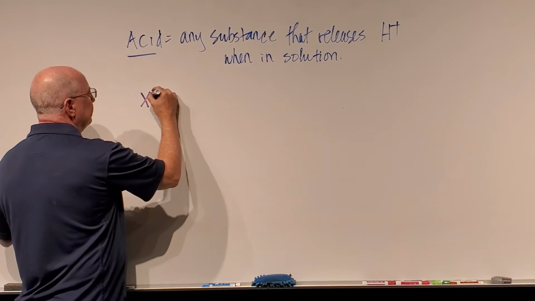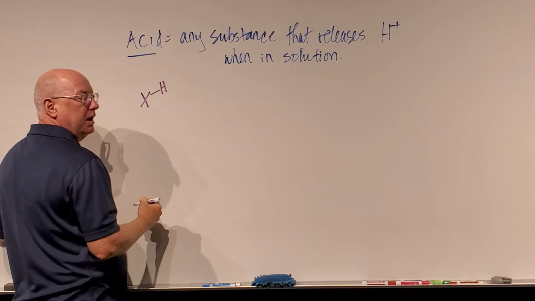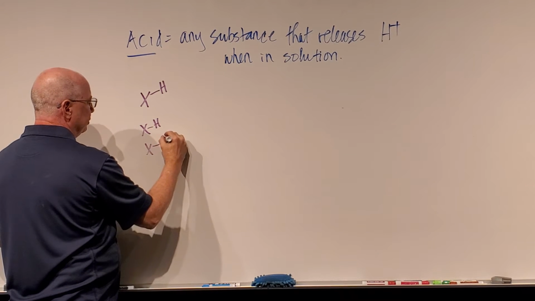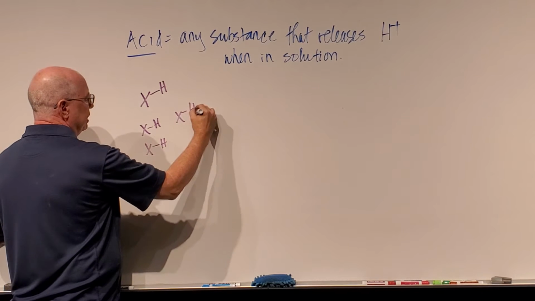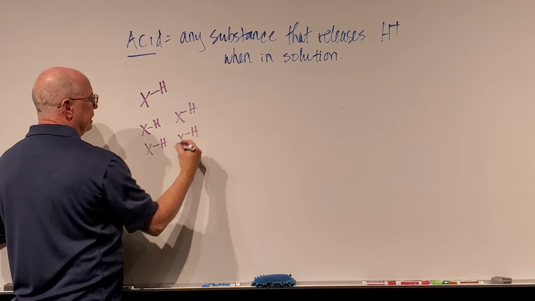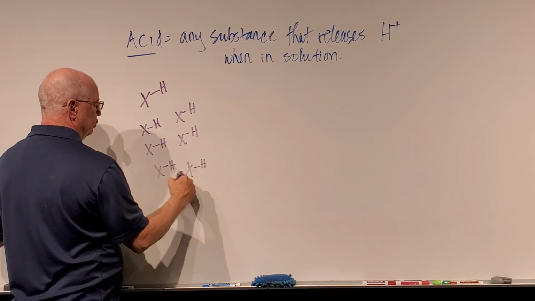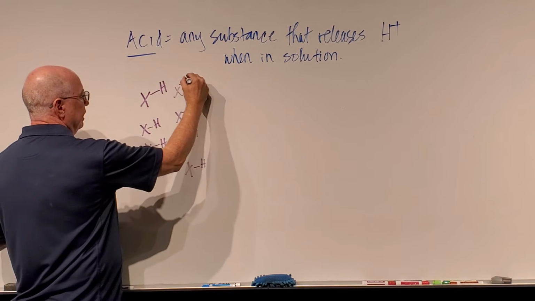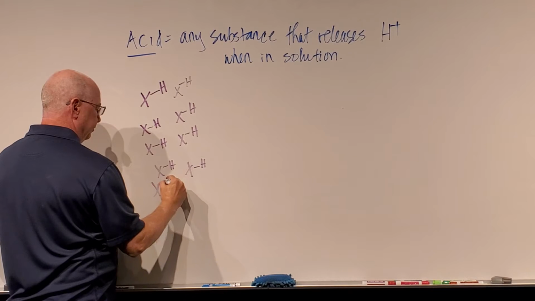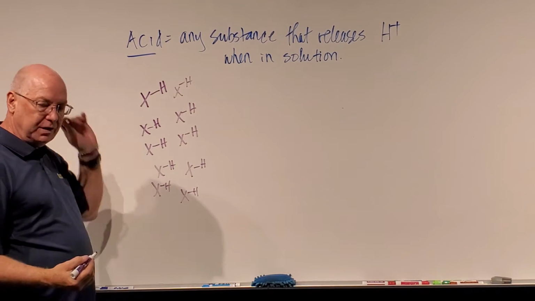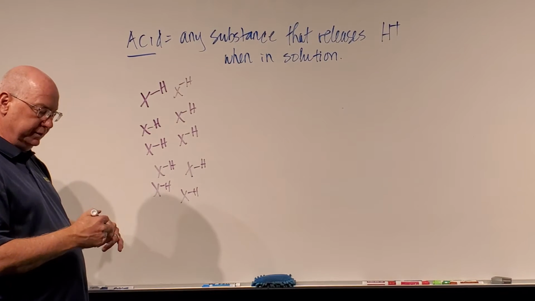And it turns out that each substance X has some hydrogen atoms attached to it. And if I take a whole bunch of substance X with all of these hydrogen atoms, let's say I take 10 of these. 2, 4, 6, 8. I'm going to draw 2 more. So substance X has some hydrogen atoms associated with it.